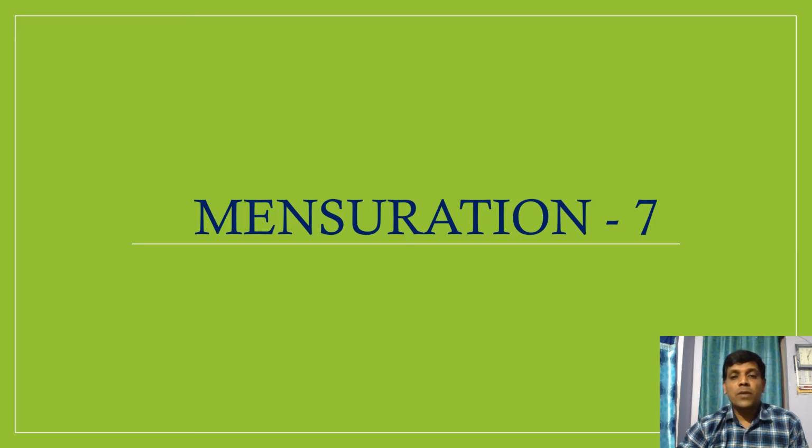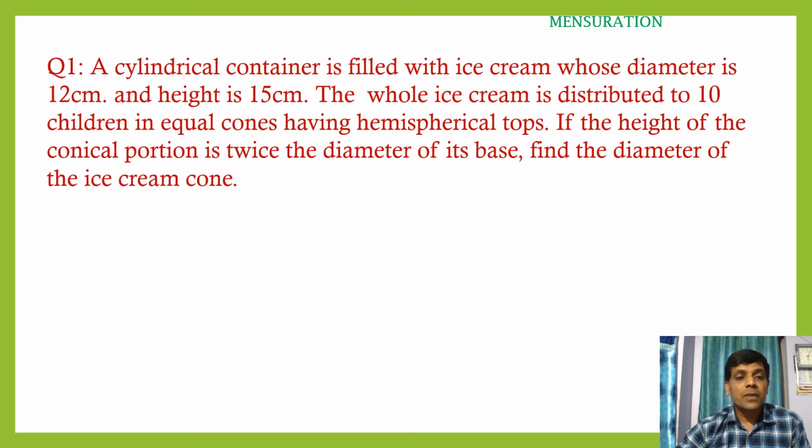Today I am going to explain some questions on solid and combination of solids. Let us move on to the first question. A cylindrical container is filled with ice cream whose diameter is 12 centimeters and height is 15 centimeters.